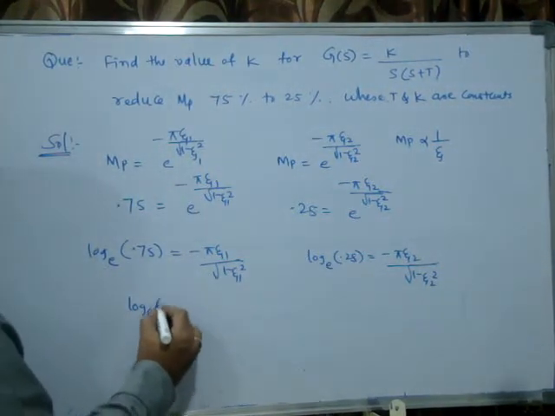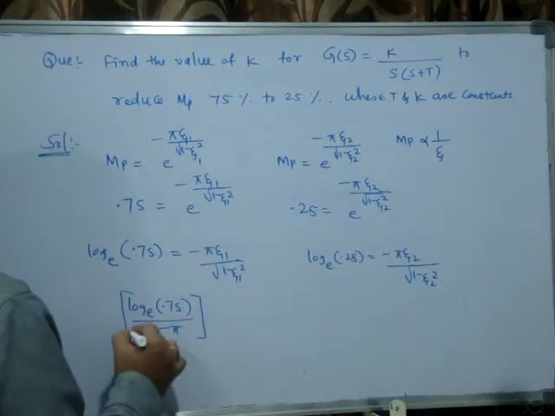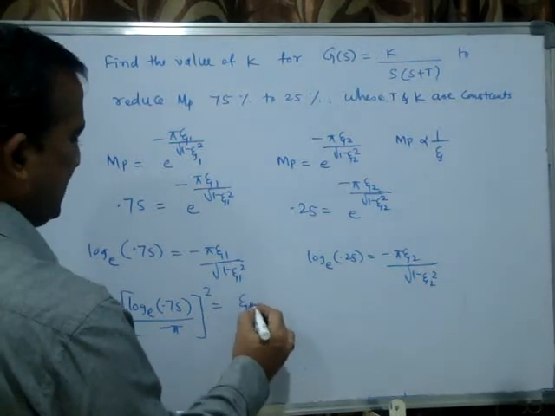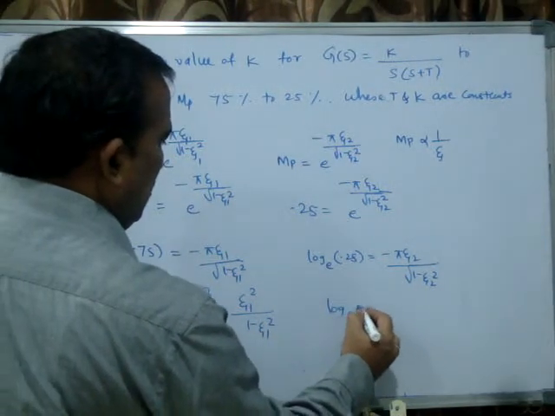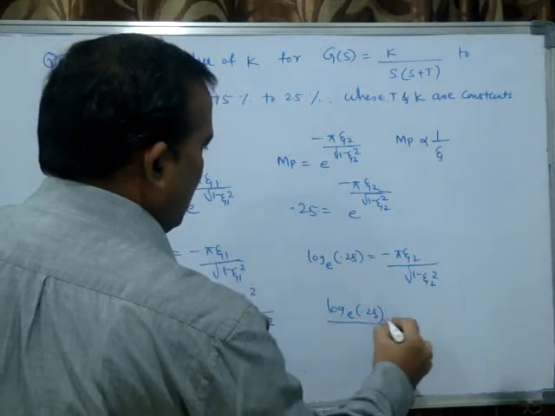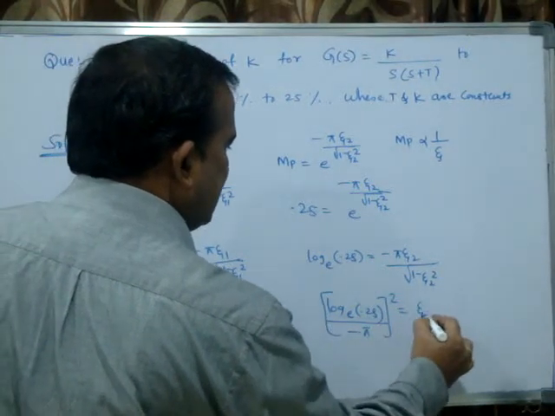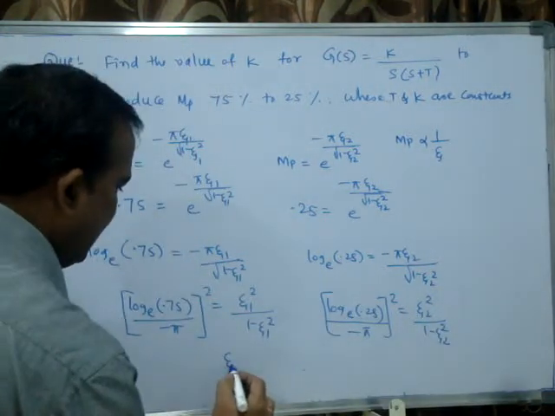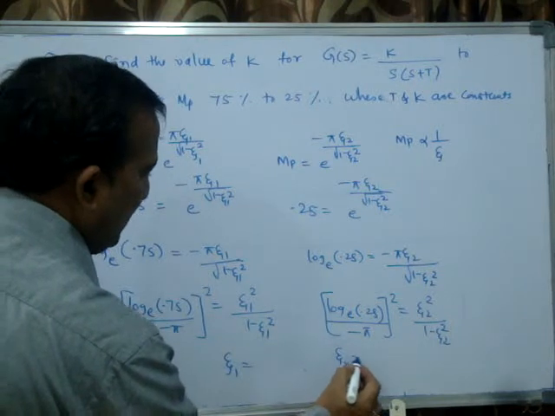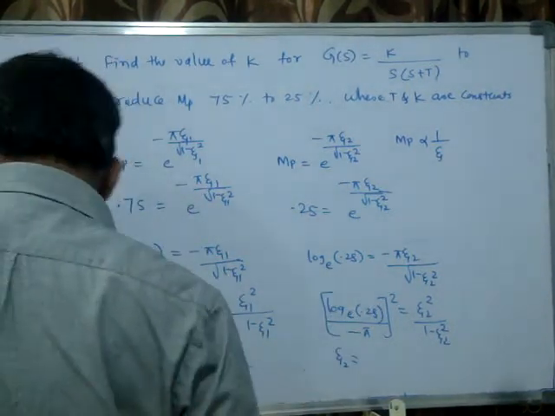Now log 0.75 divided by pi, and squaring both sides, a quadratic equation in one unknown, you will get zeta 1 here, zeta 2. Definitely zeta 1 is less because MP is high, zeta 2 is more.